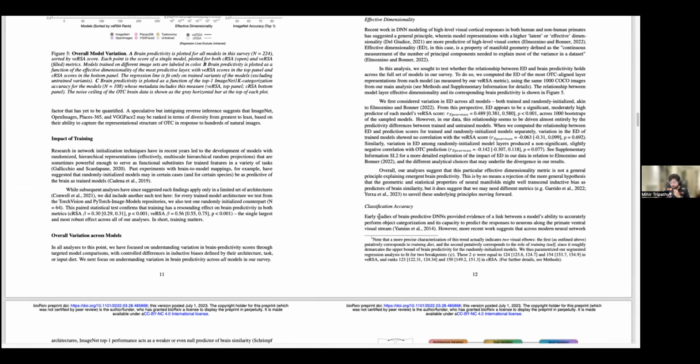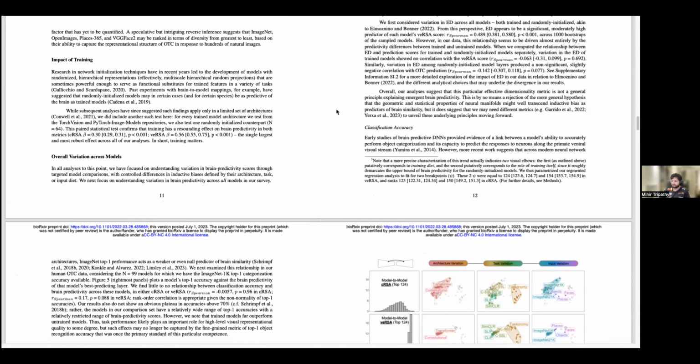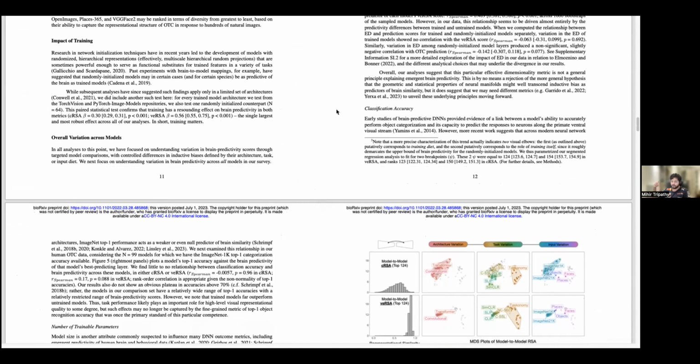Moving on, they also tested classification accuracy, which is something I mentioned before. This time they tried models with higher accuracy scores. Previous work suggested there would be a higher correlation if models have higher accuracy, but the newest study said there is actually no correlation.